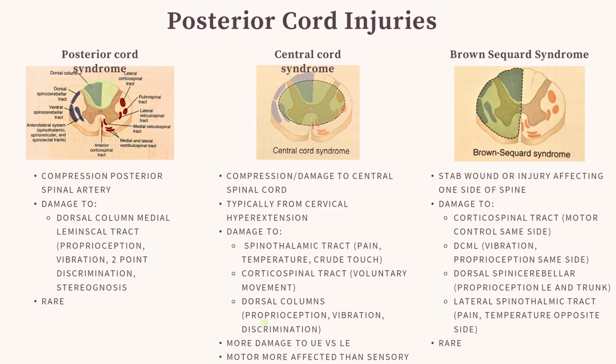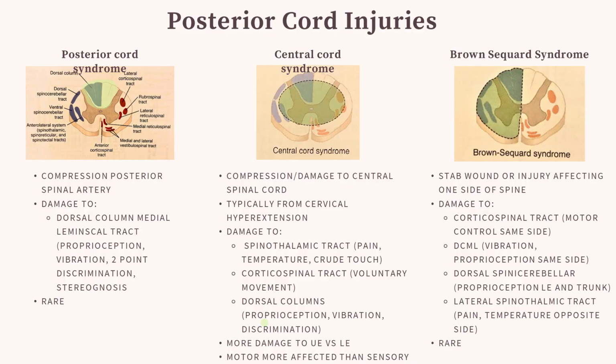So what is that going to affect? If we have posterior cord syndrome, we are going to have a lack of proprioception, a lack of discriminatory touch, sensations from vibration, from two-point discrimination, from stereognosis, barognosis, all of those things that we talked about the dorsal column does is where we're going to have those impairments.